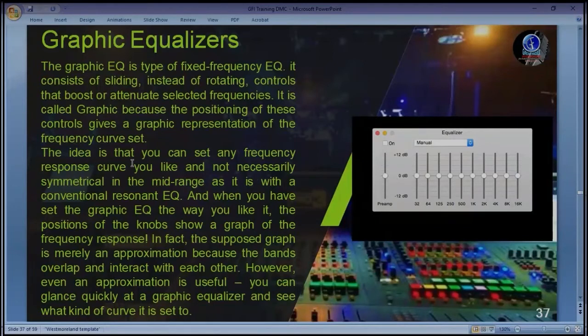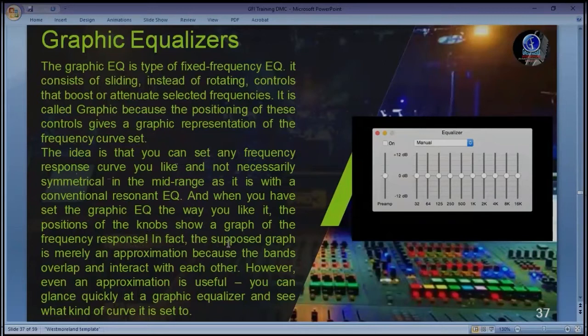The idea is that you can set any frequency response curve you like, and not necessarily symmetrically in the mid-range, as it is with a conventional resonant EQ. And when you have set the graphic EQ the way you like it, the position of the knobs shows a graph of the frequency response.